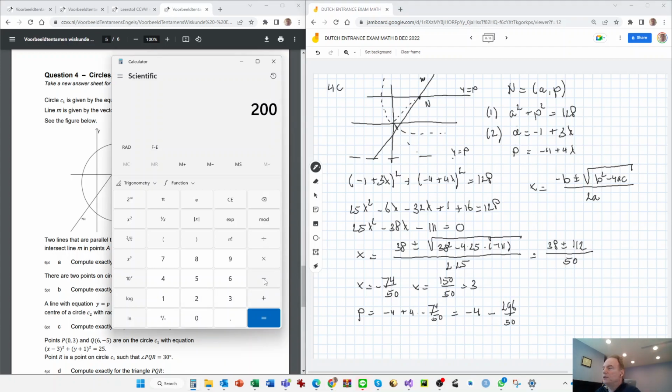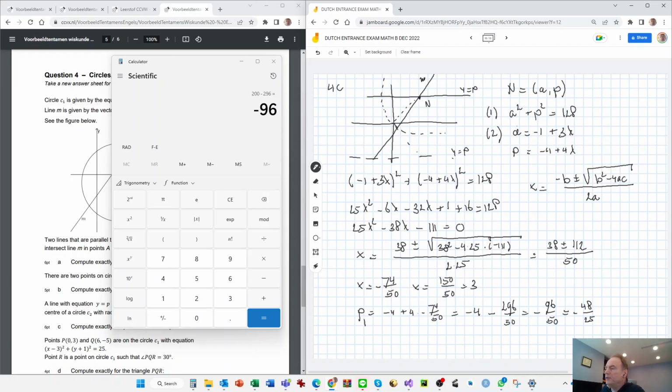So I get 200 minus... It's minus 96 divided by 50. And I guess you can divide it by at least 2. I think this is probably as far as you can simplify it, given that this is 5 squared, and we cannot divide this by 5.